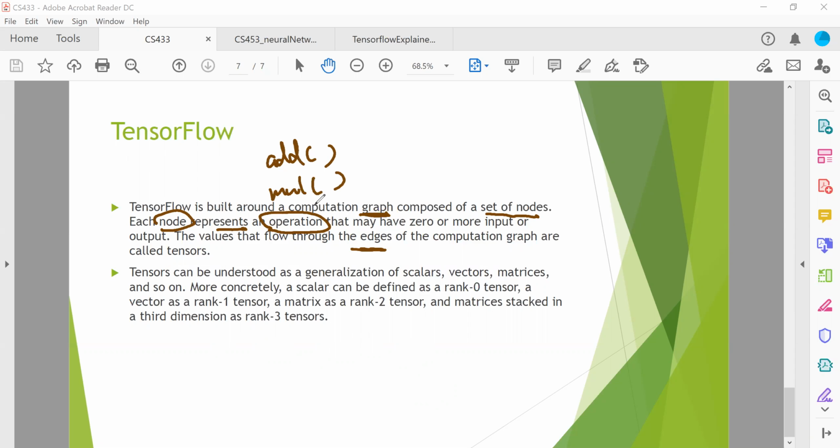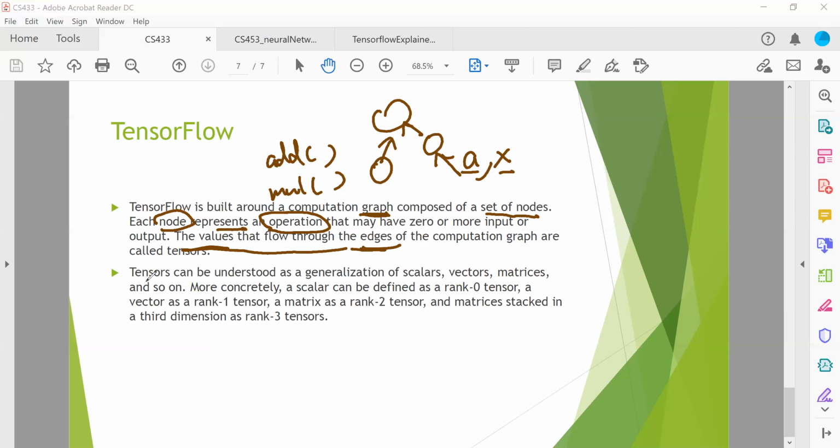And the graph is composed of nodes and edges. So what is an edge? The edge carries whatever value flows through it, so our A value and X value can flow into the nodes.